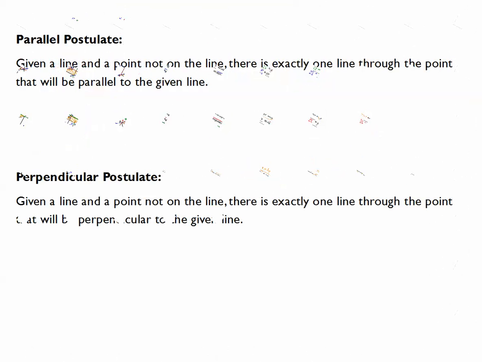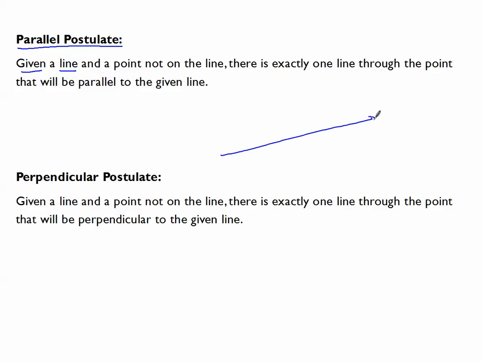This leads us to two useful postulates that we'll be using when we prove other theorems. The parallel postulate. Given a line, so in a picture, I'm going to draw a line and a point not on the line. So anywhere not on the line is fine.